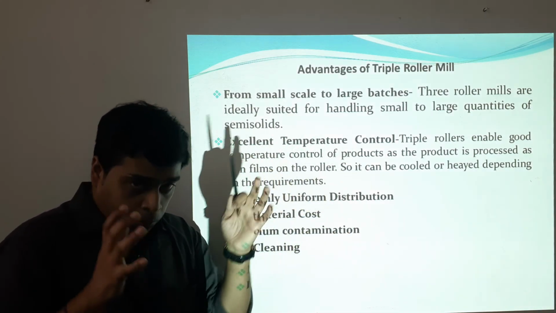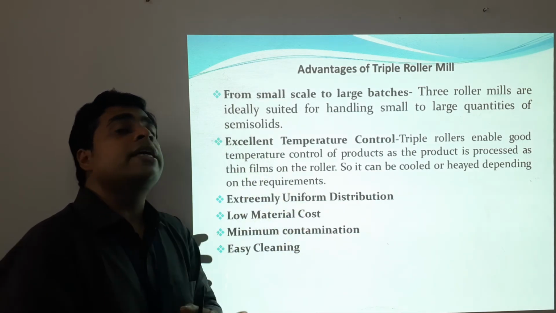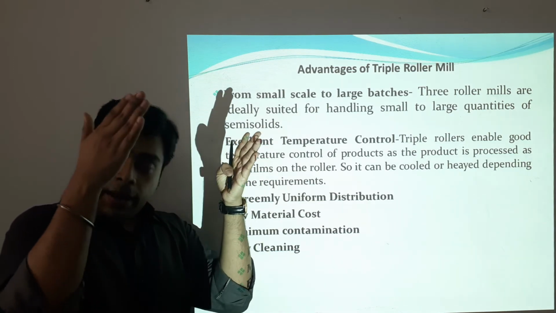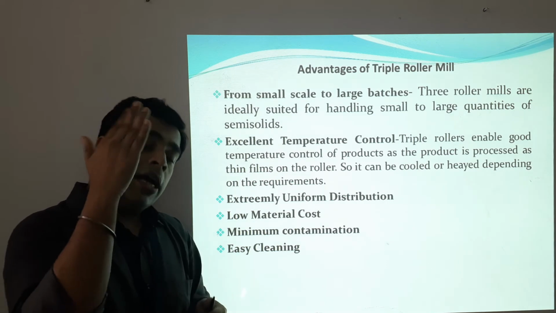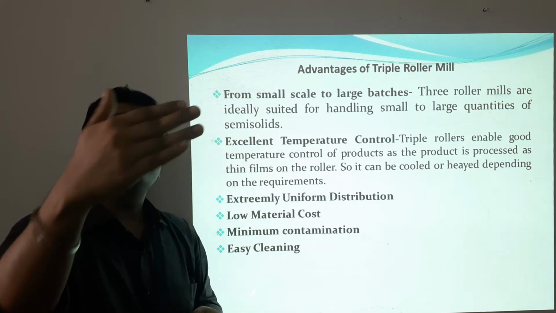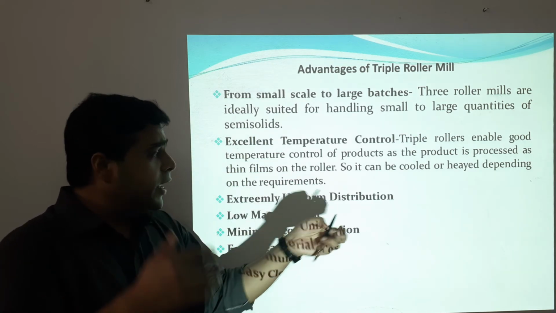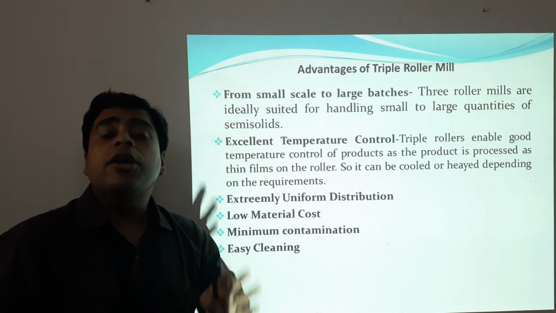It is provided with good temperature control of the products as the product is processed as a thin film on the rollers. Because the hopper is placed between the first and the second roller, above the second and the third roller the product is being processed as a film. So it can be cooled or heated depending upon the requirement.